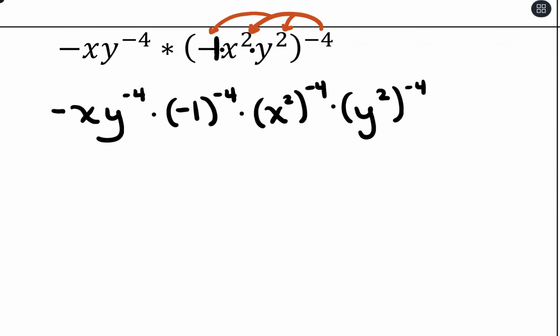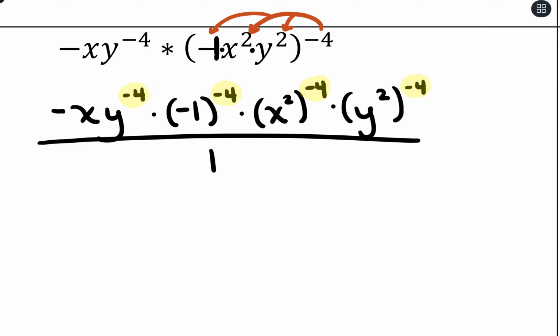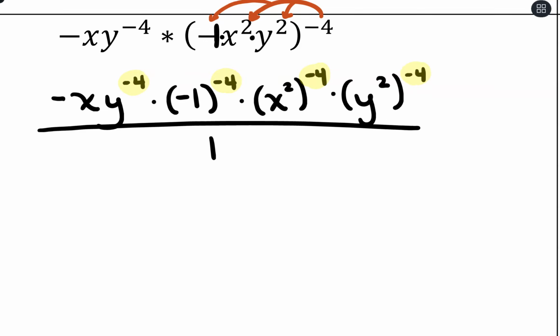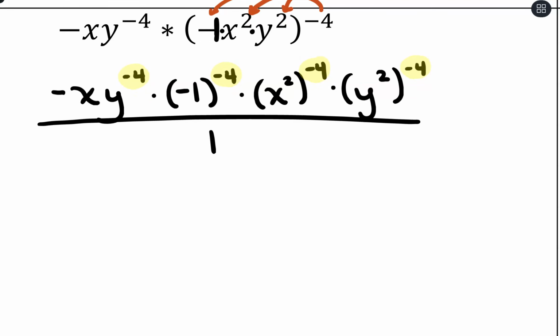And let's go ahead and move things. Anything that's negative, let's move it to the denominator. And I just want to see positive exponents here so I can start evaluating things a little more easily. So something to notice is this negative x is staying put. That is the only thing that does not have a negative exponent.